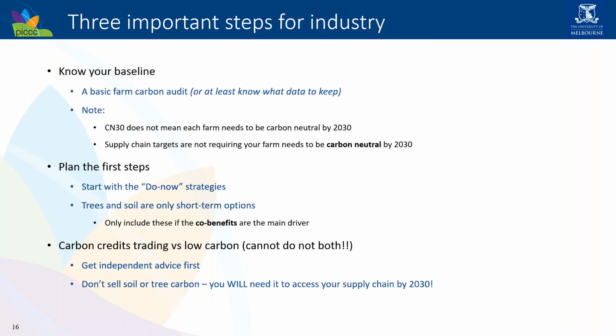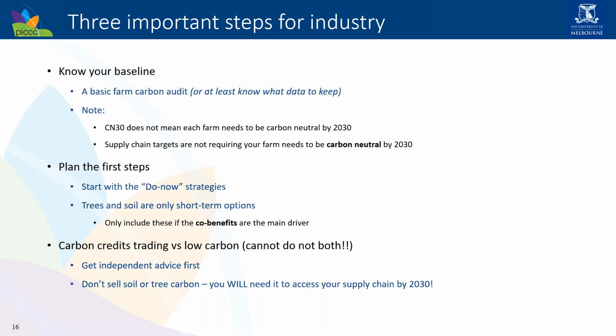Trying to make all of this make sense for the industry and what we need to do going forward. Basically, knowing your baseline is key in these scenarios, because you can't change what you don't know. Having that estimation of your emissions based on, say, the gas tools or any of the other tools I've spoken about today, or at least knowing what data to keep.